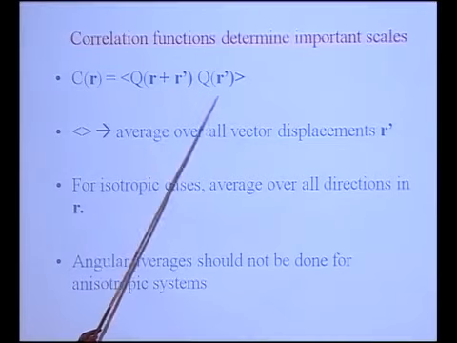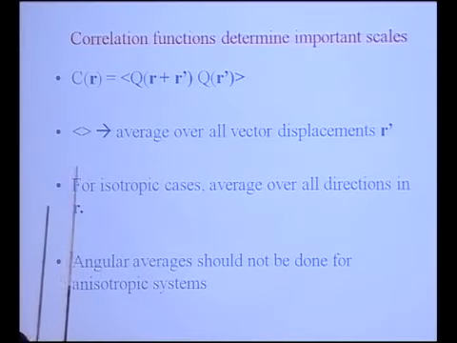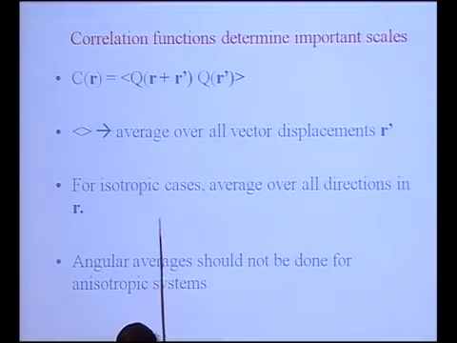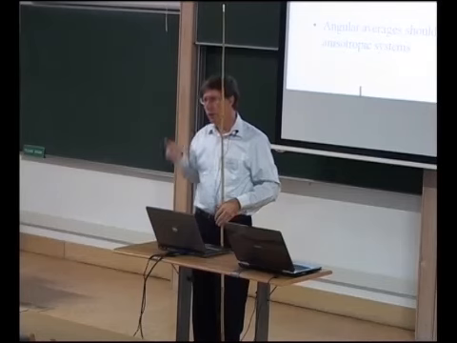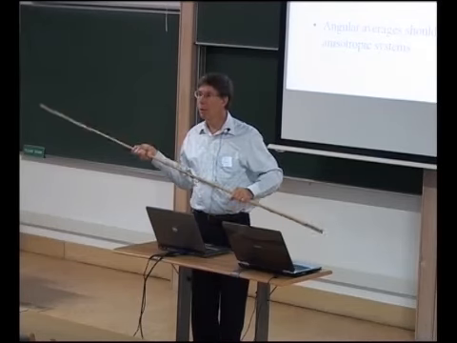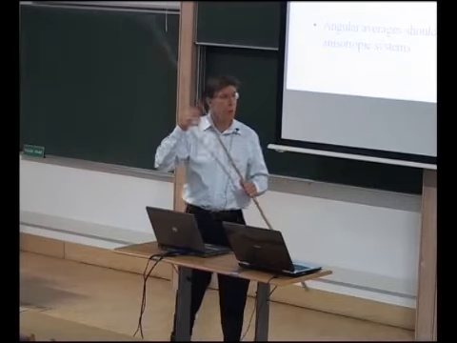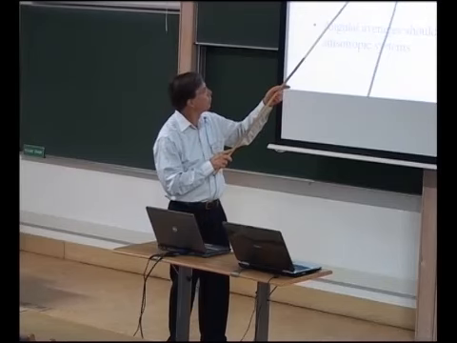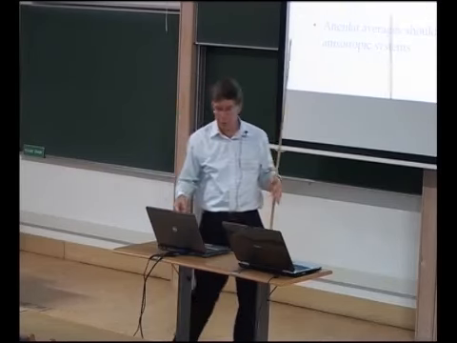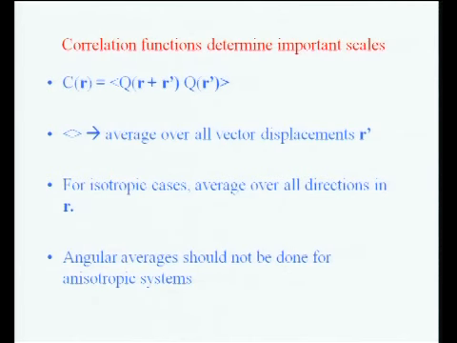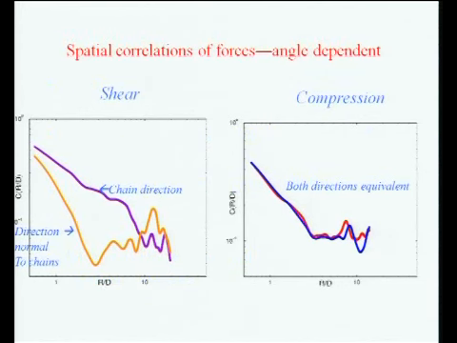A general correlation function says I'll take some quantity of interest and I'll look at an average over r prime of values at r plus r prime and r prime. Now we're going to change this a little bit, because usually you also average over all angles. But we're not going to average over all angles, because angular information is really important here.